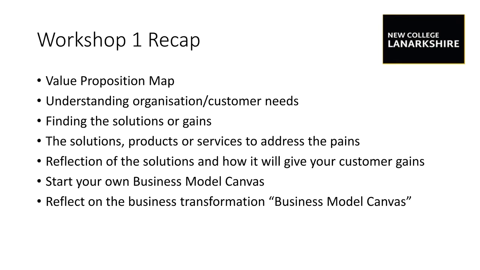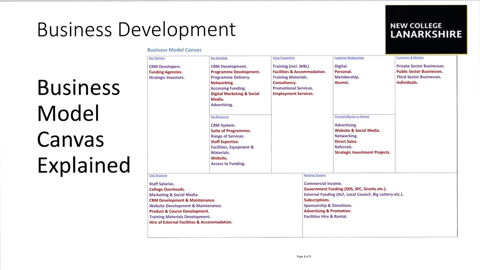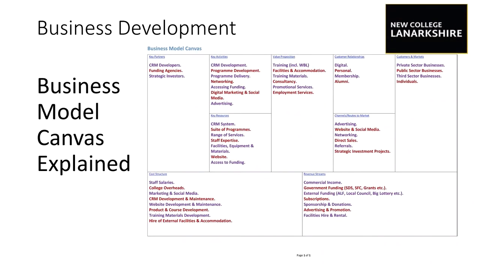If we move on to what we actually discussed in the first training session, this was a high-level business model canvas that the managers took part in. What you were going to do was go away and look at the value propositions, which included training, work-based learning, facilities and accommodation, training materials, consultancy, promotional services and employment services, and I think we agreed that we're going to change that to career services.